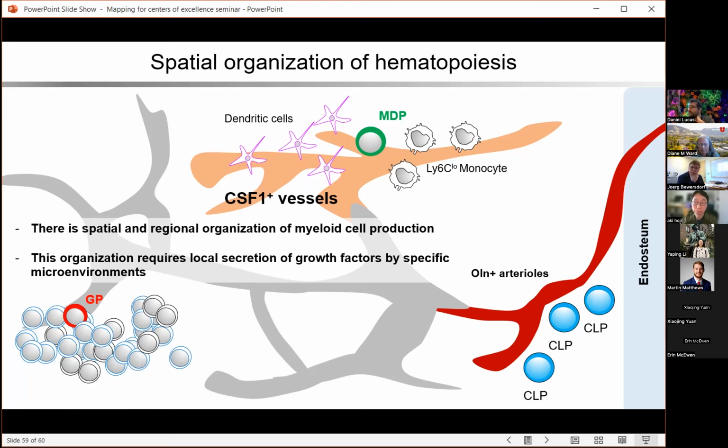Then the system usually requires very harsh fixation, which means that many of the epitopes no longer work, or you only get the cells that express the most abundant epitopes.